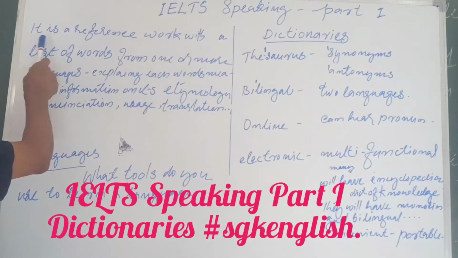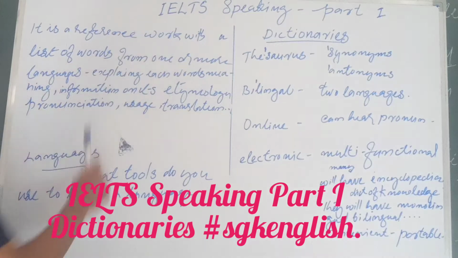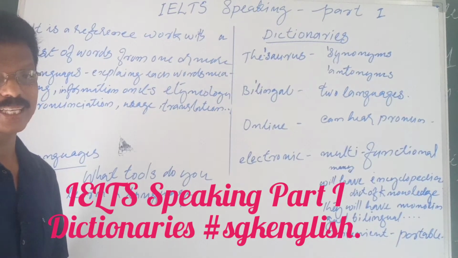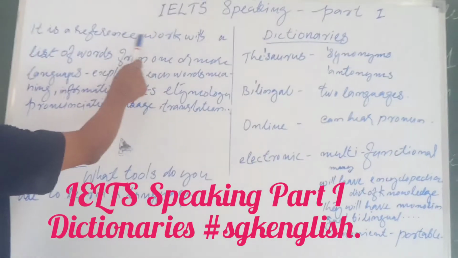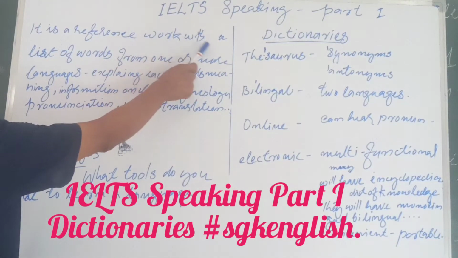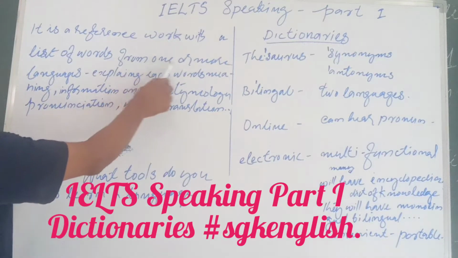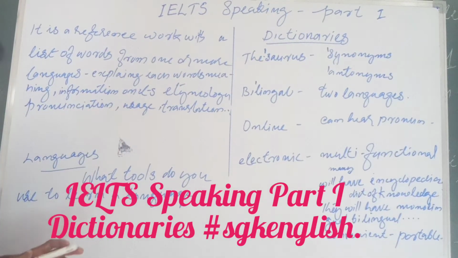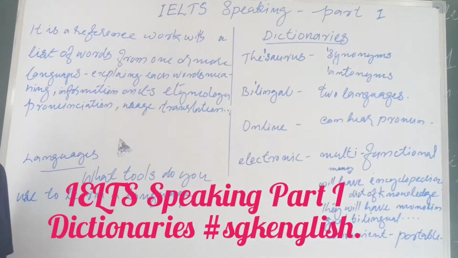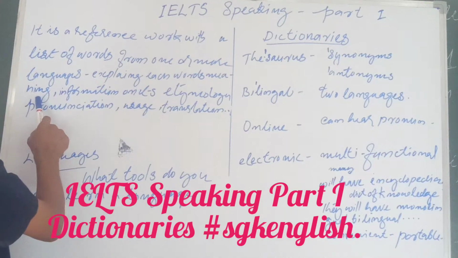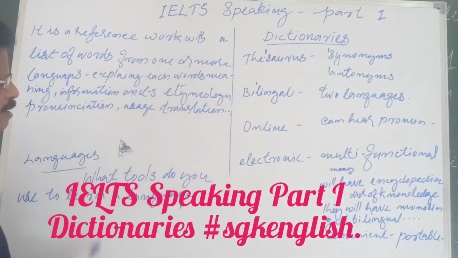So a dictionary is a reference work. It can be a book, but basically it is a work. See, a reference work with a list of words. It will have a list of words from one or more languages, explaining each word's meaning, information on its etymology.